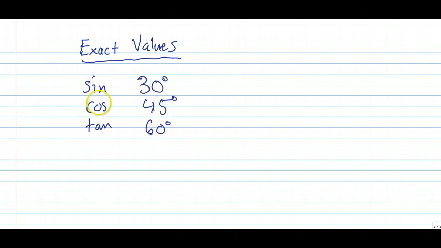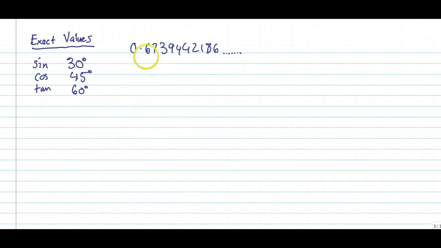Whenever we take the sine, cos or the tan of any one of those angles, we'll get an exact value as the result. Now, what I mean by exact values is things exactly unlike this number here. This is not an exact value, it's a really long decimal that just keeps going on and on and on. You'll often see those when you do things in your calculator.